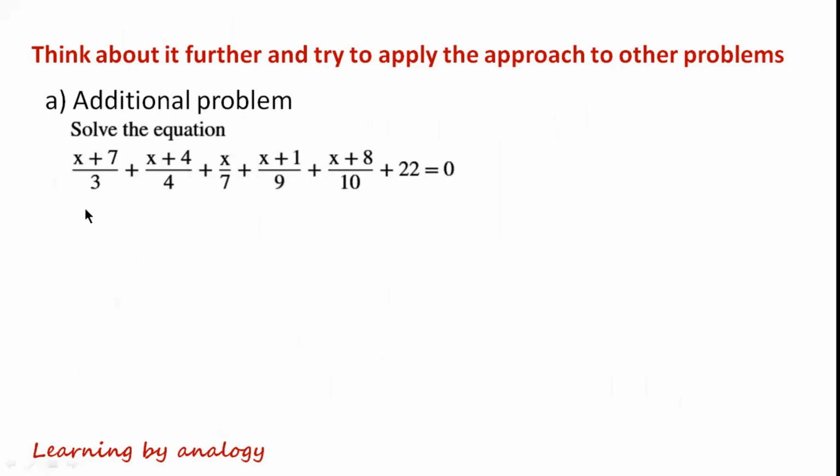Solve the equation (x + 7)/3 + (x + 4)/4 + x/7 + (x + 1)/9 + (x + 8)/10 + 22 equals 0.